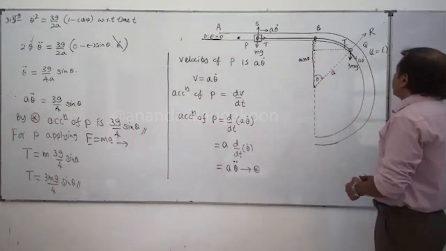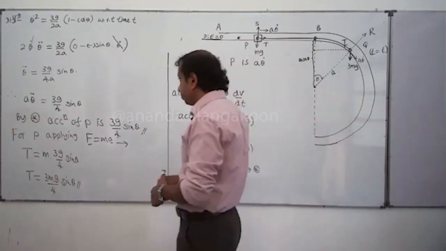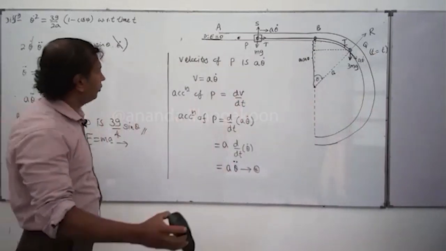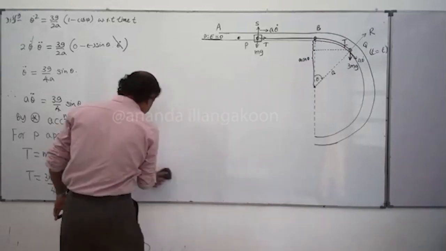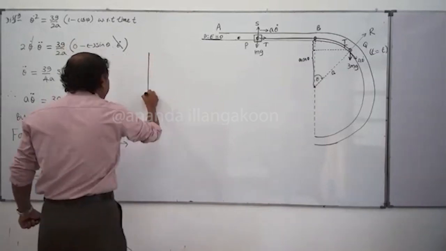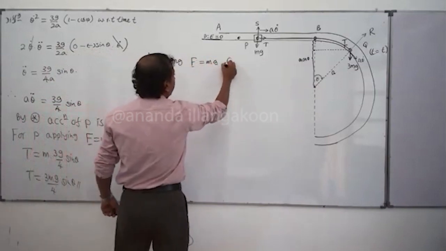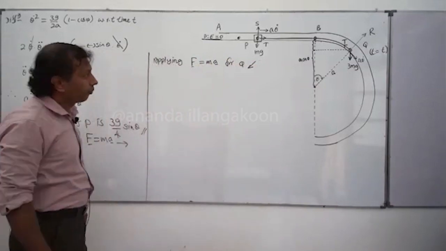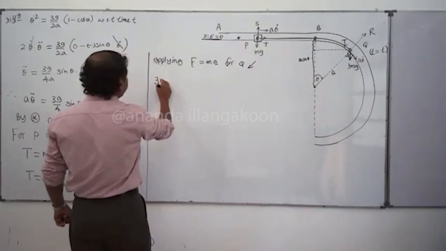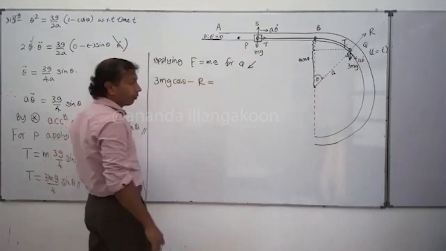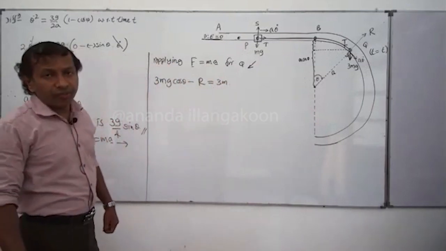To find this R, people, we can apply F equals ma towards the center for this particle Q. If this is theta, therefore this is also theta, and the component is 3mg cos theta towards the center. 3mg cos theta minus R is equal to mass 3m times the centripetal acceleration, velocity squared divided by radius.